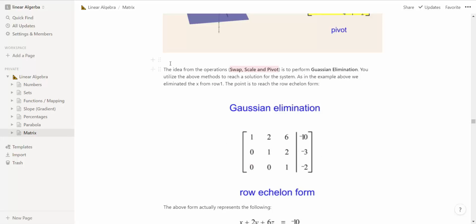The idea of the operations swap, scale, and pivot is to perform Gauss elimination. Utilize the above methods to reach a solution for the system. As in the example above, we eliminated the x from row 1 just to reach the row echelon form.